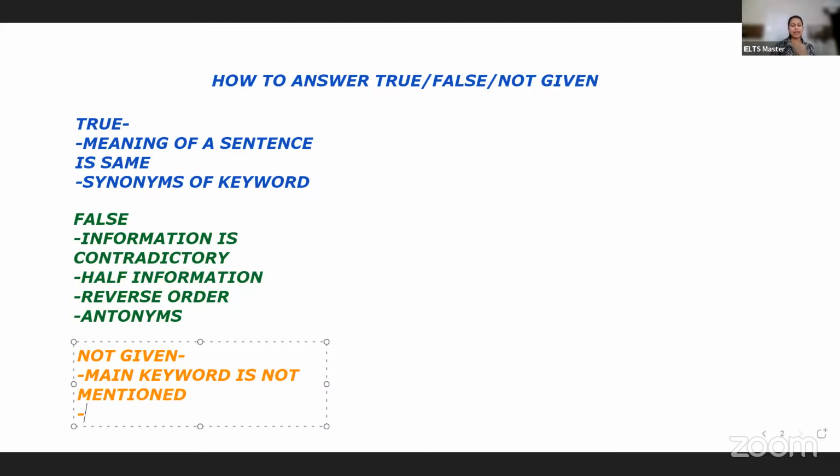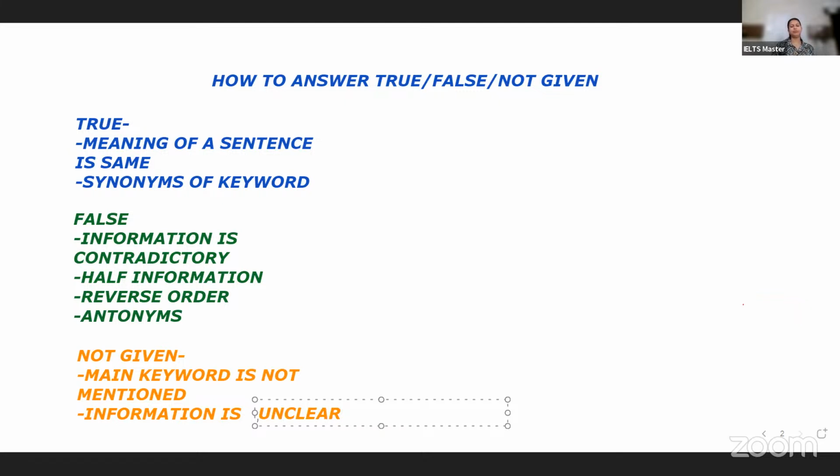Sometimes the information given is unclear and does not match the statement given in the paragraph. All good? Is that clear? Fine.